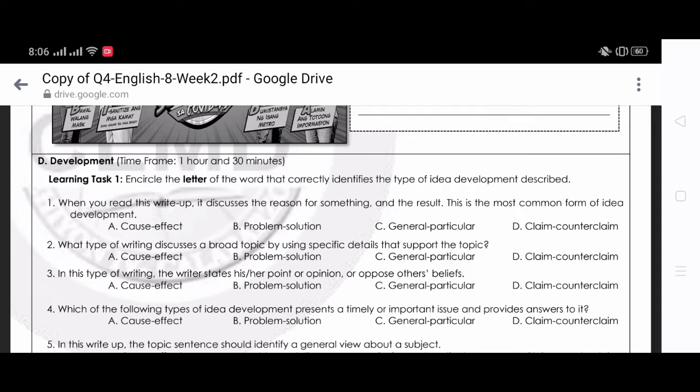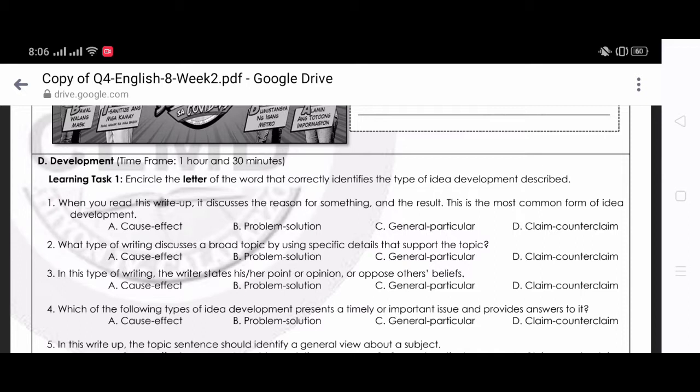So, ito yung number 1. Okay? When you read this write-up, it discusses the reason for something and the result. This is the most common form of idea development. Okay? So, alin kayang pattern ng idea development ang ginamit dito? Cause and effect ba? Nagpakita pa siya ng sanhi o bunga? Claim and counterclaim ba?